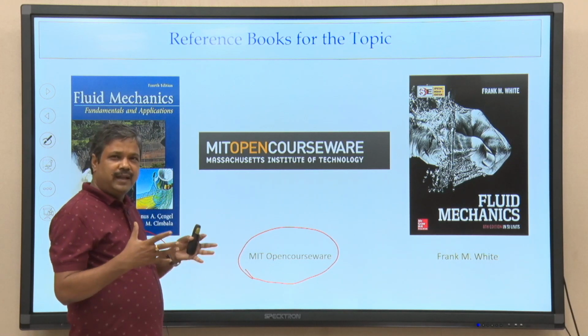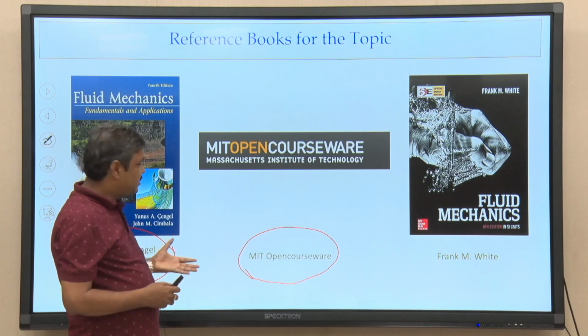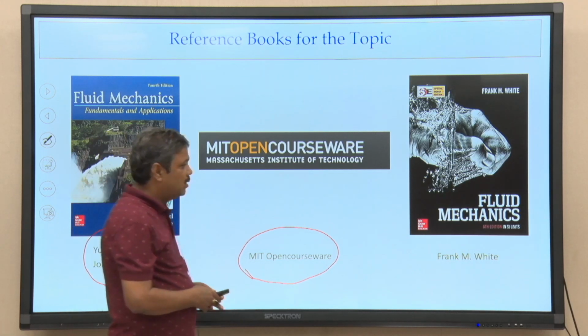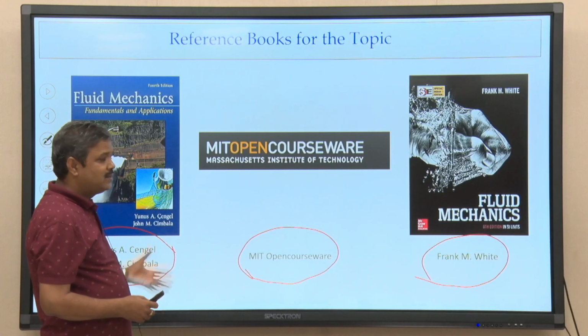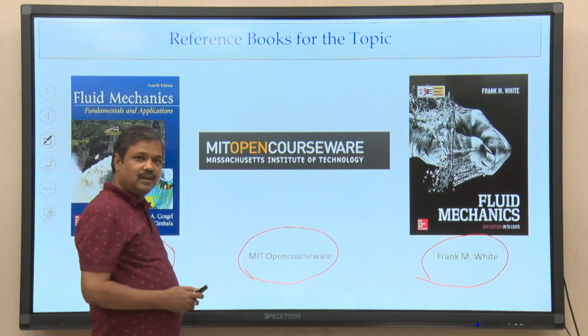No doubt it has more mathematical components, but to understand the physical concepts, look at the Cengel book. An intermediate book is Frank White's book, which covers the mathematical part as well as a series of illustrations and solved example problems.